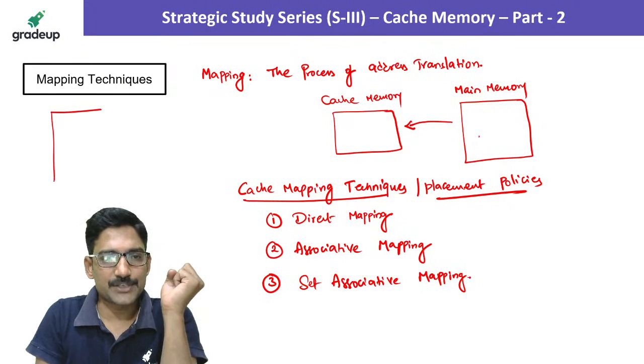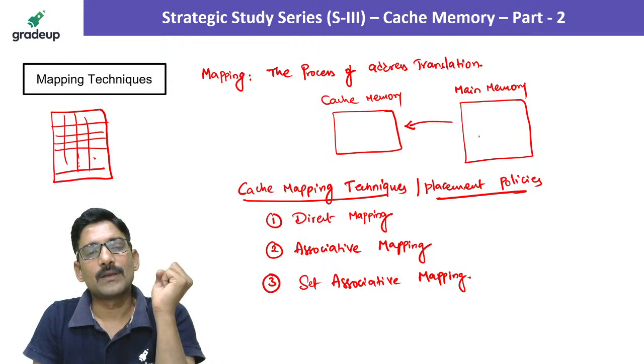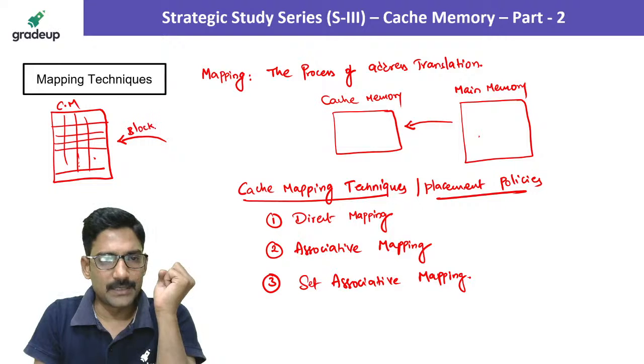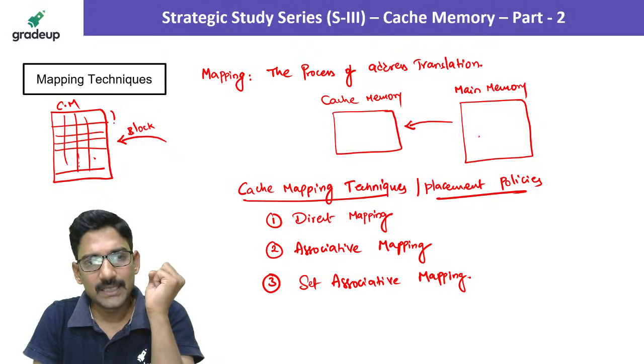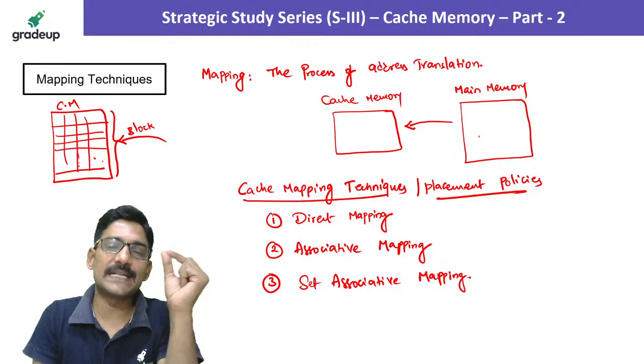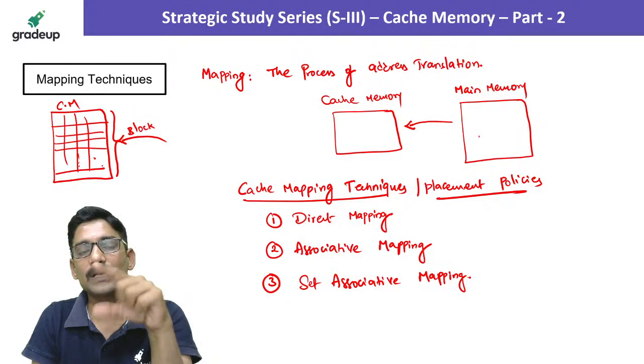Here is the cache memory, let's say divided into 8 blocks. Every block has words. Whenever you copy a block from main memory to cache memory, in which of these free blocks does it get copied?